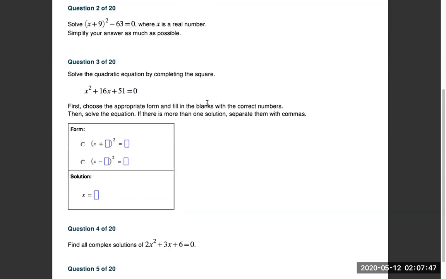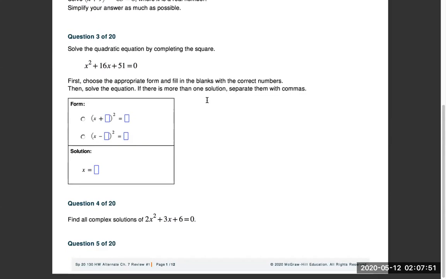Okay, next is completing the square, which is a little bit of a thing. So let me see. I'm actually going to write this one down and then do it on the whiteboard so that I have a little bit more room. x squared plus 16x plus 51 equals 0. Okay, so let's go ahead and read over the prompt before we head over there.